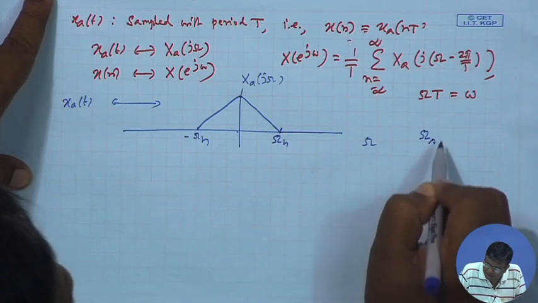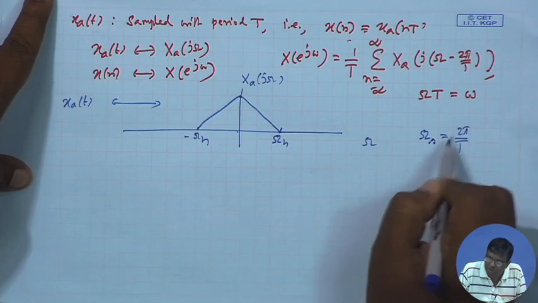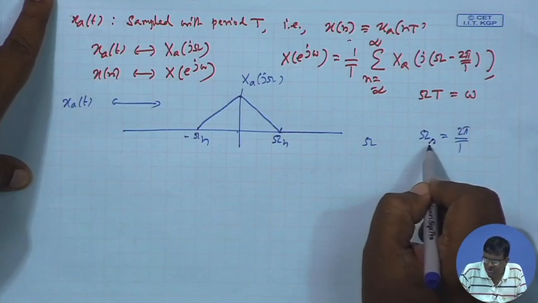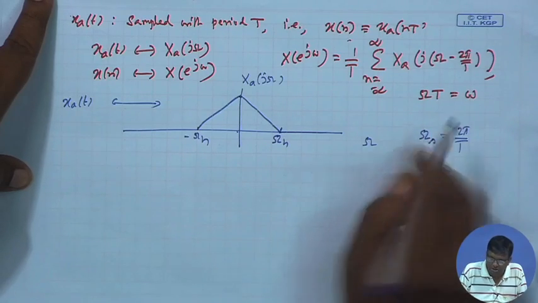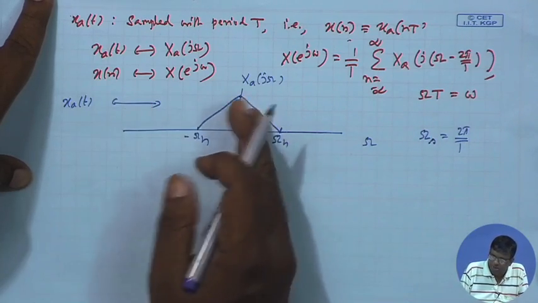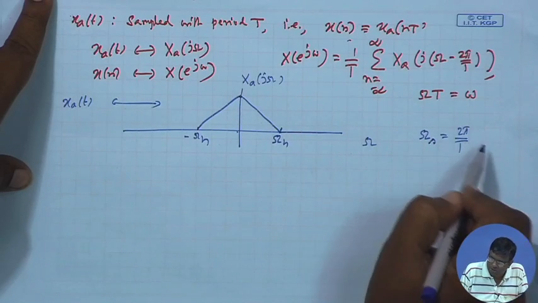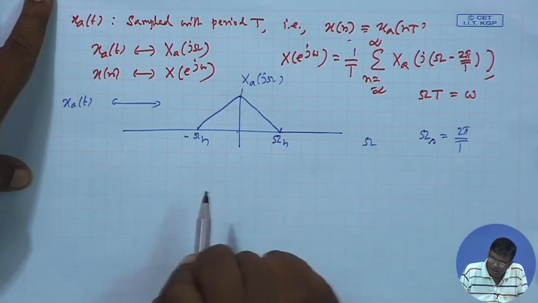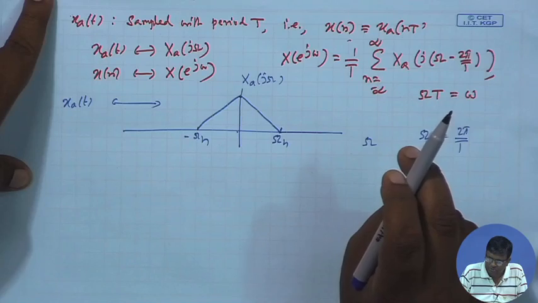Now, I will call it omega s, s for sampling, 2 pi by T. Same thing which I was so long calling omega naught, I am just changing the name to omega s, where s is for sampling. So, this is sampling frequency, 2 pi by T radian per second, omega s.